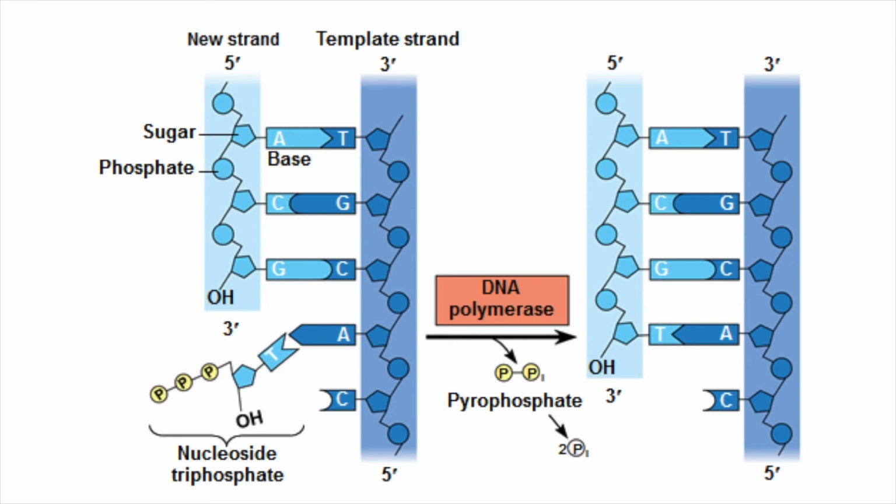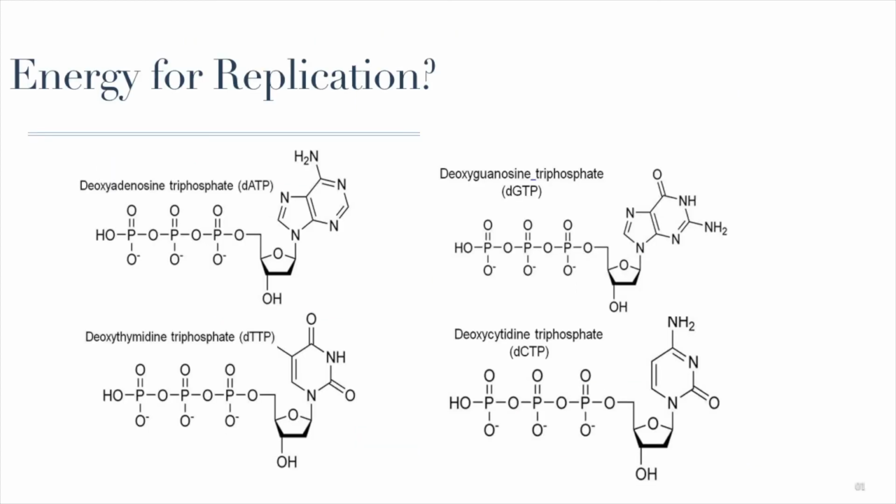The reality is that there are actually 3 phosphate groups in the nucleotides, because this is where the energy for replication comes from. It's a pretty neat thing that ATP is not the only molecule that provides energy to the cell. When DNA is built, each of the nucleotides brings in its own phosphate groups for energy.